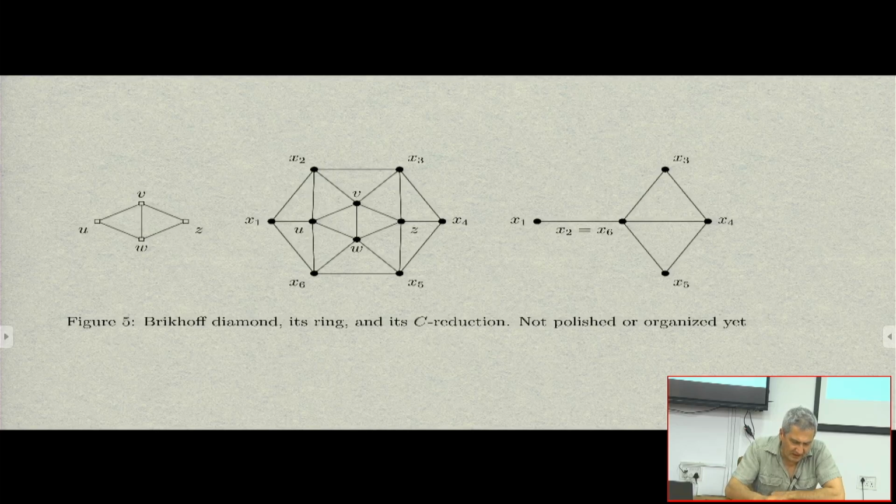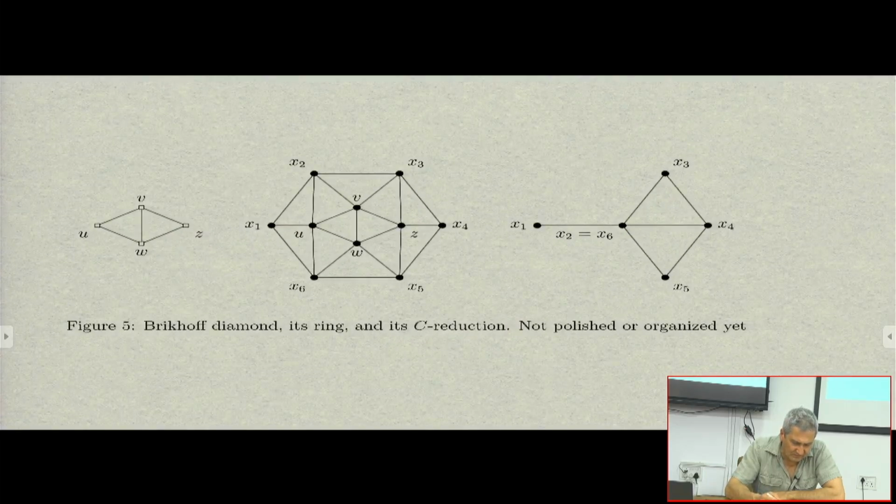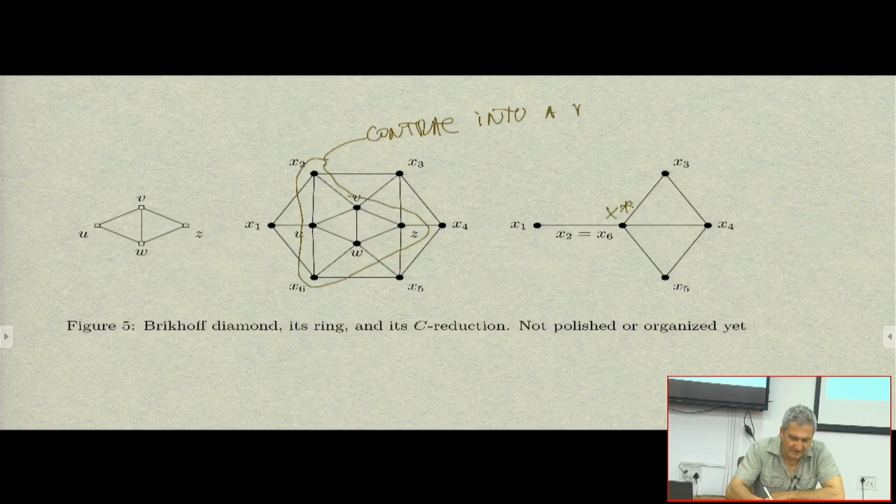So if I contract these two, I mean actually you can say he contracts all this into a vertex. Okay, contract, this is a new vertex X star. Contract into a vertex. Look, X star. And by induction he colored this graph.